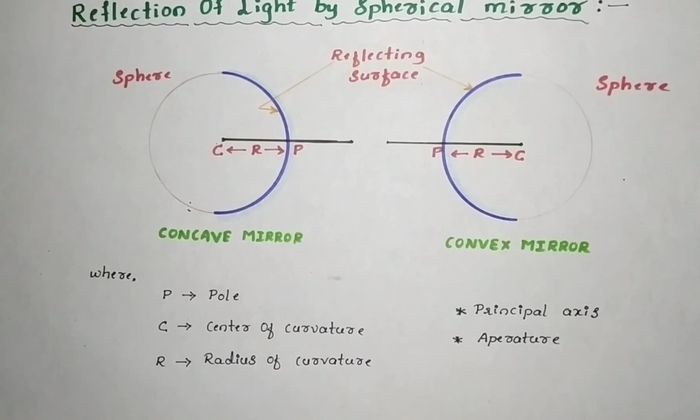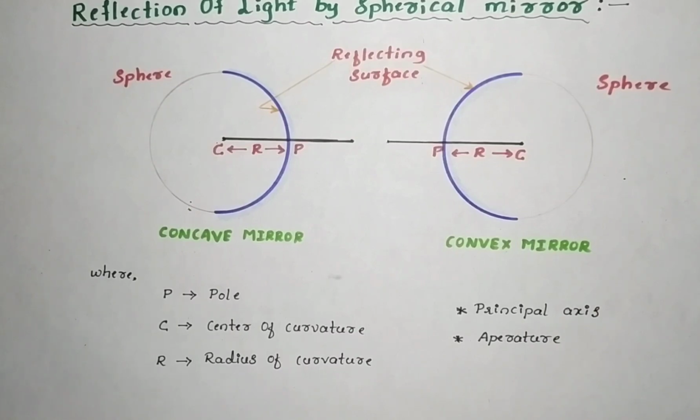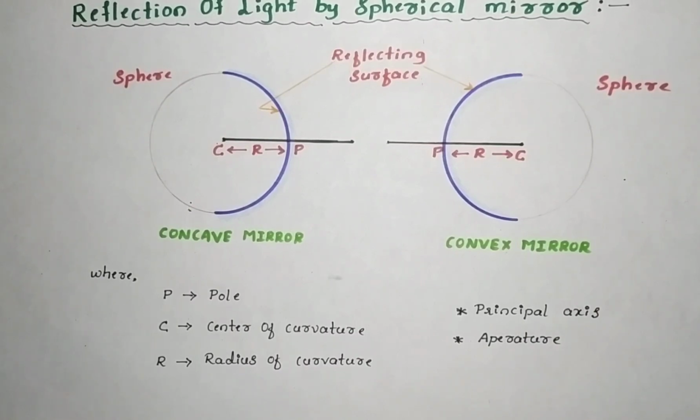When it comes to a spherical mirror, we can increase or decrease the size of the object, and also we can change the distance between them, and also it can cover more area. It covers more area of the field.